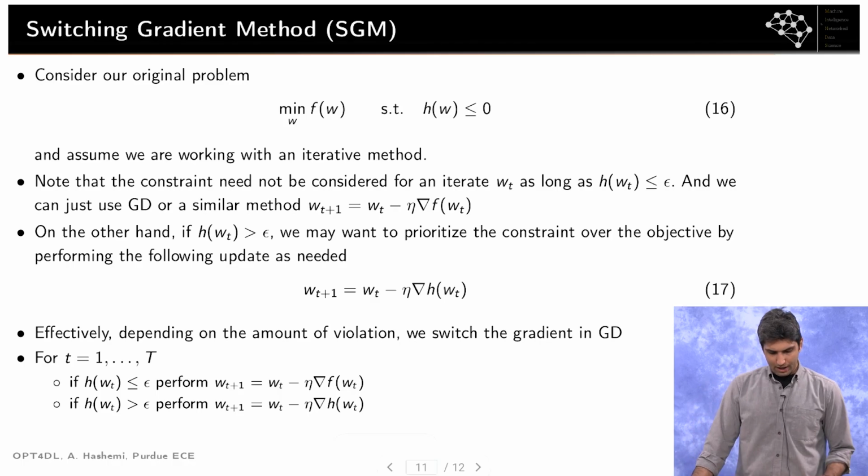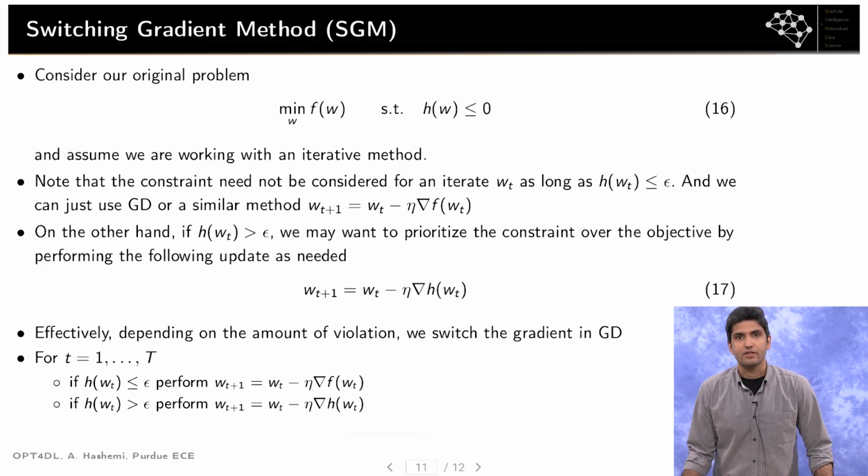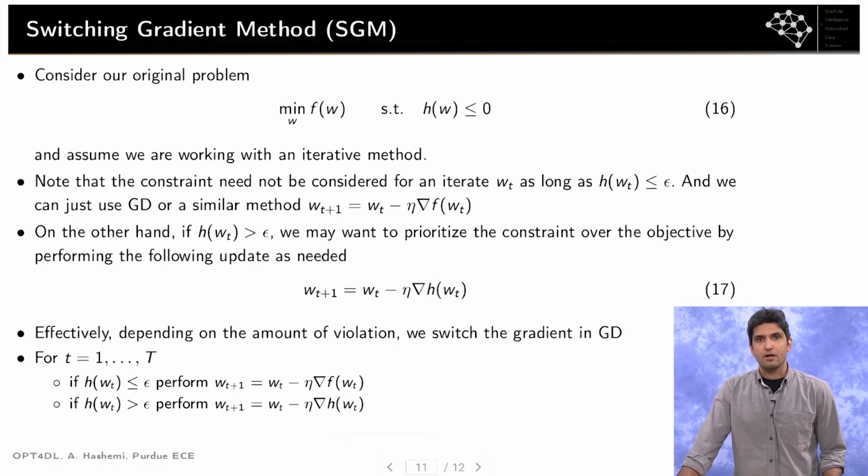The reason I'm mentioning this is that this algorithm, despite being very simple, is quite effective, and in a number of settings, it can actually be shown to be an optimal algorithm. And recently, it has seen a renewed interest, especially in the context of larger scale optimization and for deep learning.